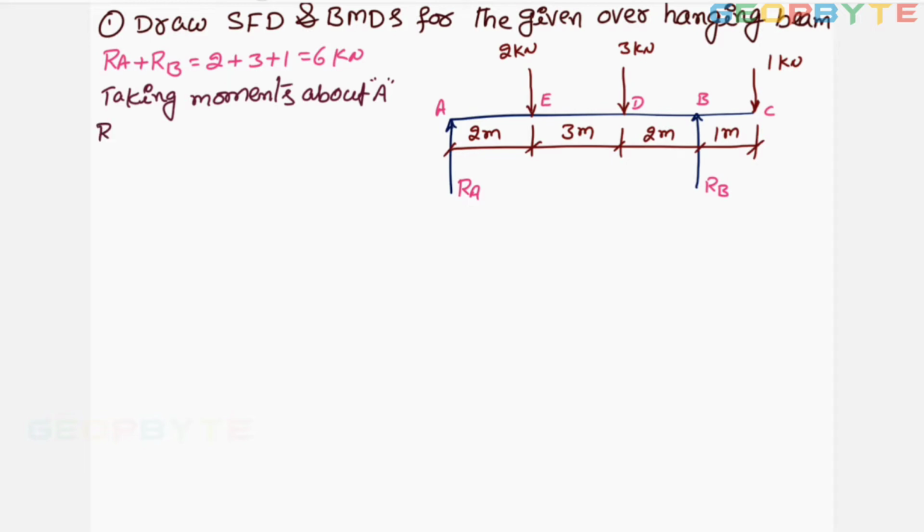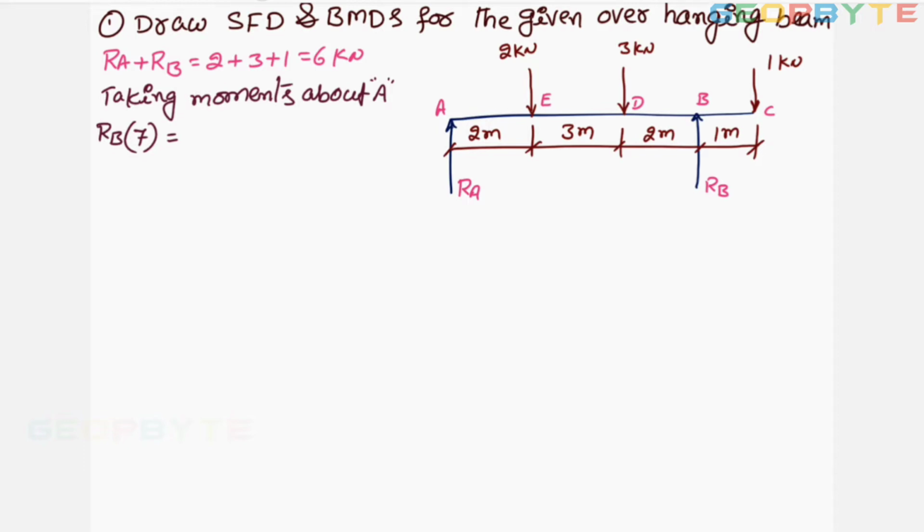The moment due to RB is RB multiplied by the distance up to A. The distance is 7. This is the anti-clockwise moment. It must be equal to the clockwise moment developed due to the point loads.